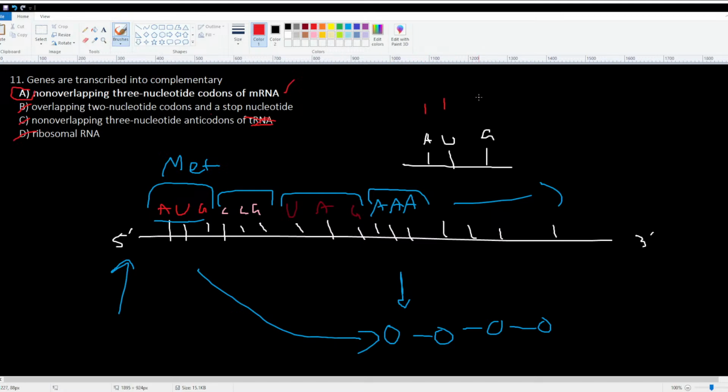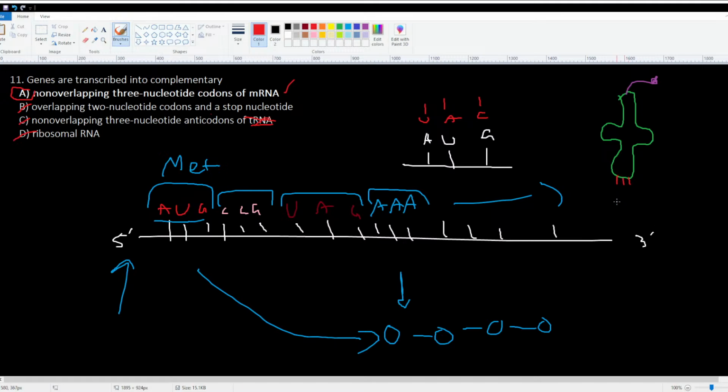So it would have to say UAC on the anticodon. And essentially what that looks like is, if we have our tRNA, we have the amino acid on one end, and then we have this anticodon on the other.